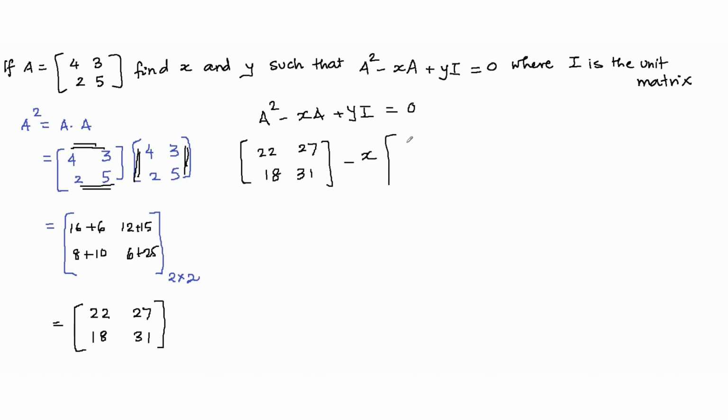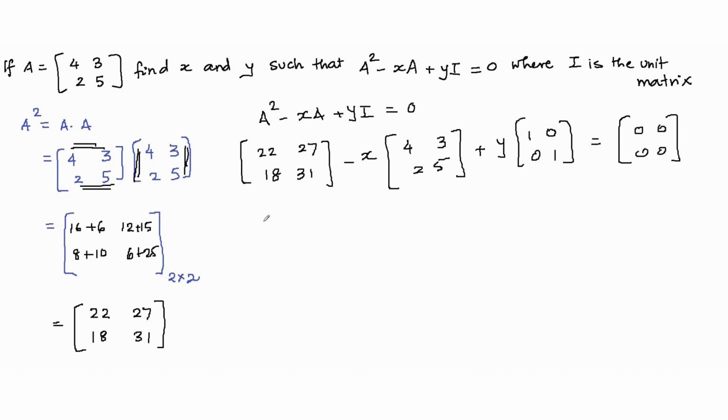So x times A is x times 4, 3, 2, 5 plus yI, that is y times 1, 0, 0, 1 is equal to the null matrix, which is 0, 0, 0, 0, right? So now adding the corresponding elements, we get 22 minus x into 4 is minus 4x and y into 1 is y.